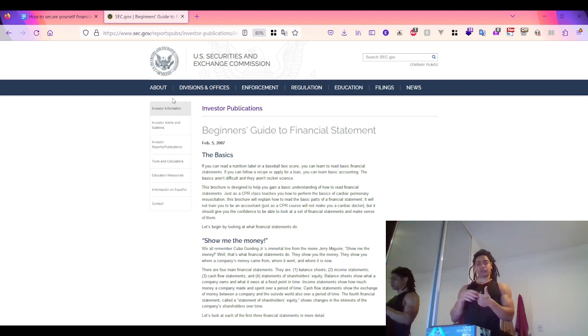The balance sheet shows what a company owns and what it owes at a fixed point in time.